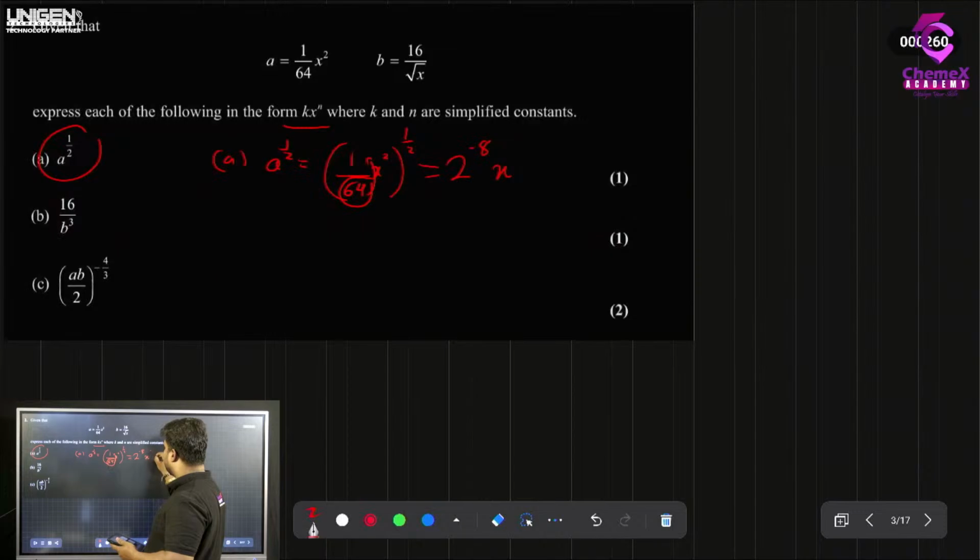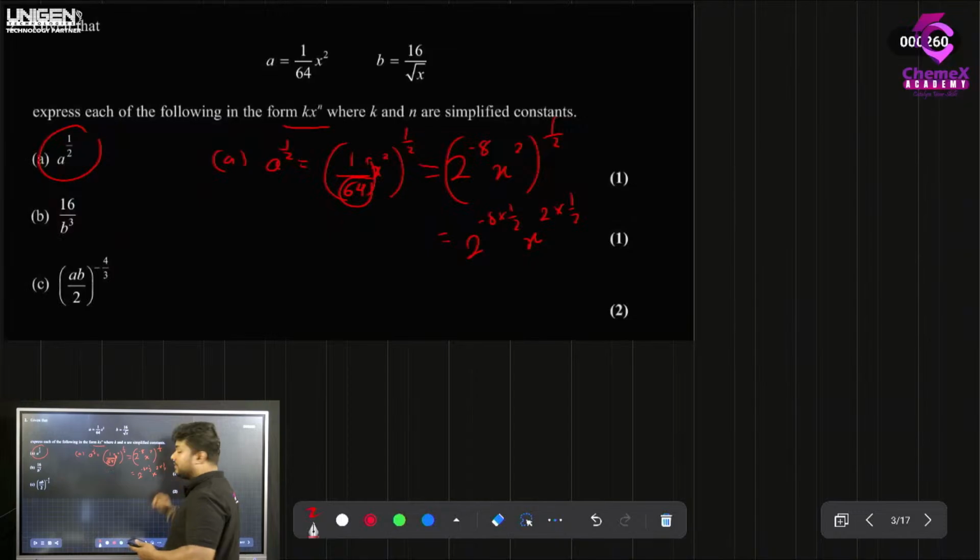So if I take it up, 2 to the power minus 8, x to the power 2, and you have power half. So what do you do there? 2 to the power minus 8 times half, x to the power 2 times half. Got it? Then simplify: 2 to the power minus 4 x.